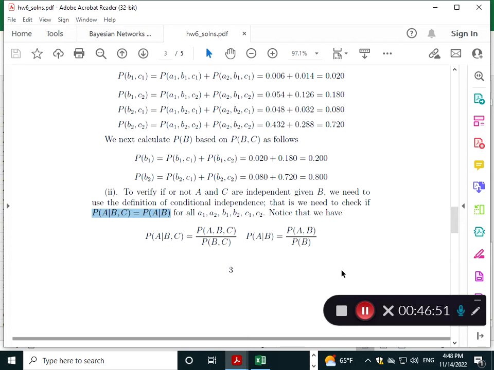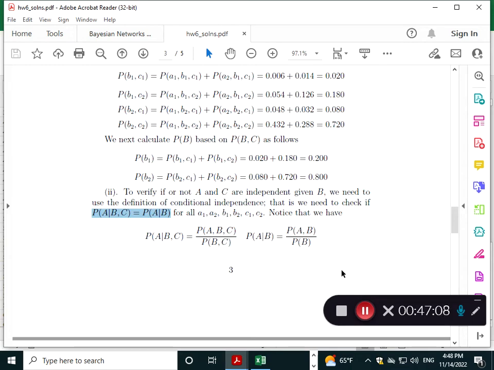If given BC, I know A is the same as given B, I know A, that means that once I know B and I know A, C is irrelevant. Agree?